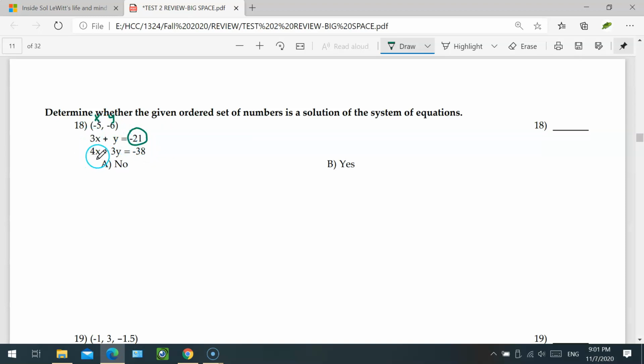And you also plug into the second equation, and as long as you get negative 38 on the right hand side, that would be a solution of the second equation. So that means this ordered pair satisfies both equations when the right hand side numbers match.